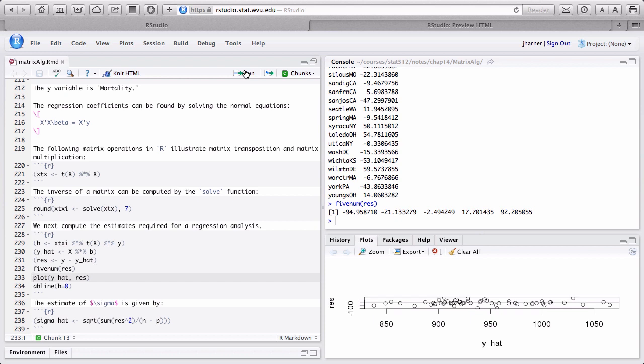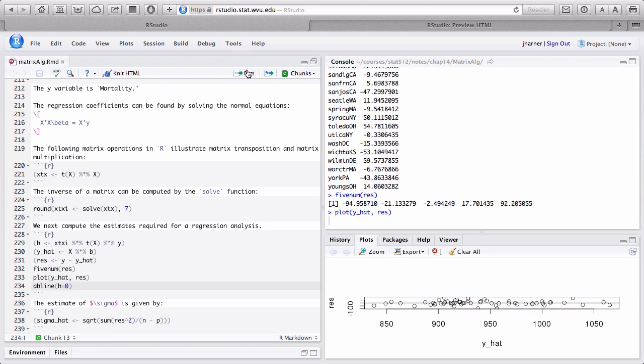The minimum residual is minus 94.96. Max is 92. And then next you have the quartiles, and then you have the median in the middle. Now they should be somewhat distributed about 0, of course. The mean actually will be 0, but that's the median, not the mean.